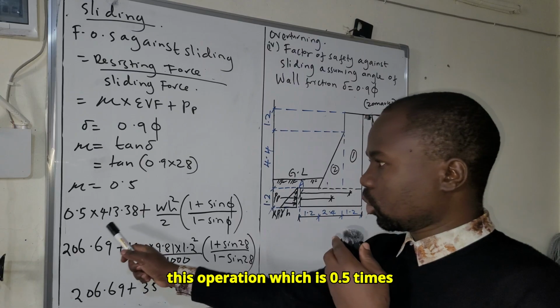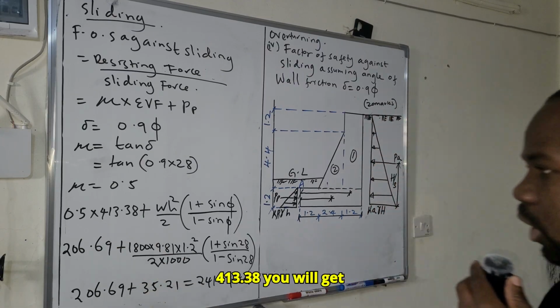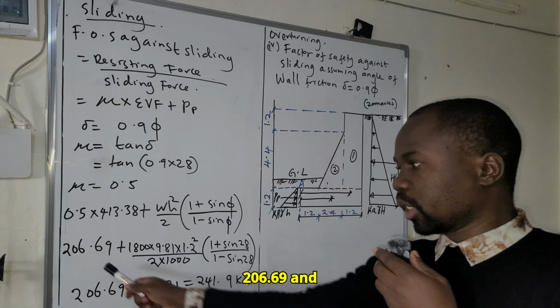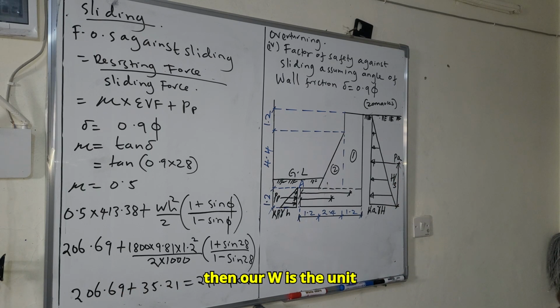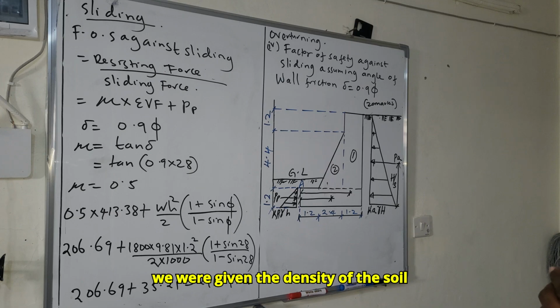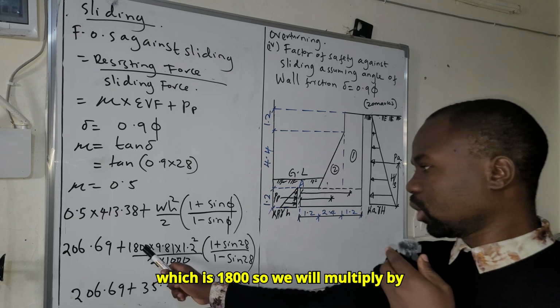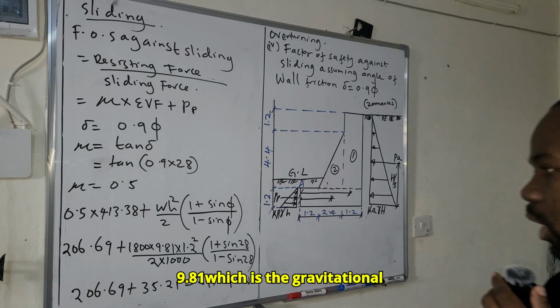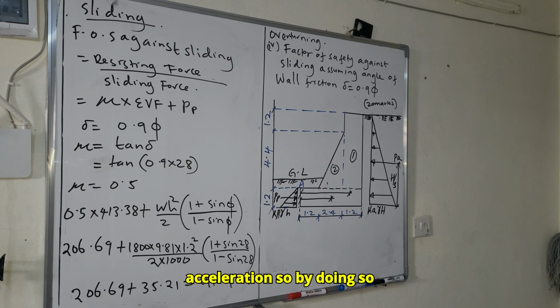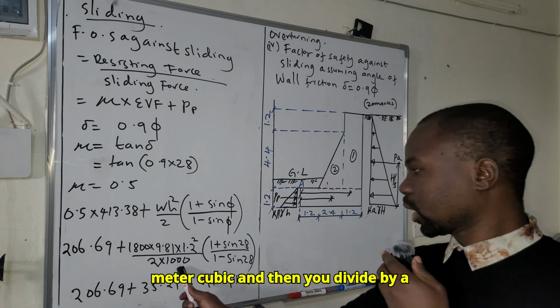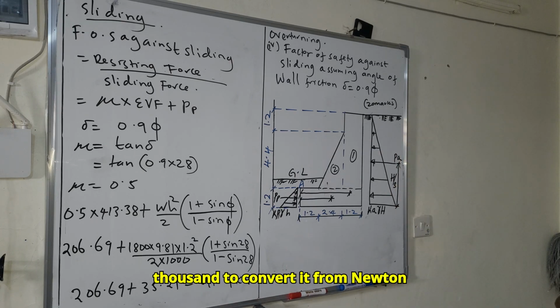Put this operation, which is 0.5 times 413.38, you'll get 206.69. And then our W is the unit weight of the soil, of which in the question we were given the density of the soil, which is 1800. So we will multiply by 9.81, which is the gravitational acceleration. By doing so, we will have our unit weight in Newton per meter cubed, and then you divide by 1,000 to convert it to kilonewton per meter cubed.